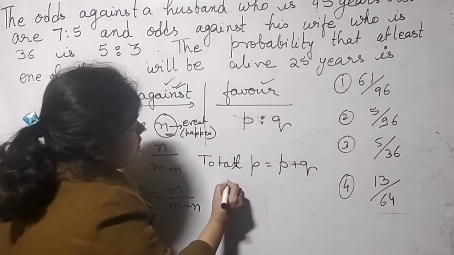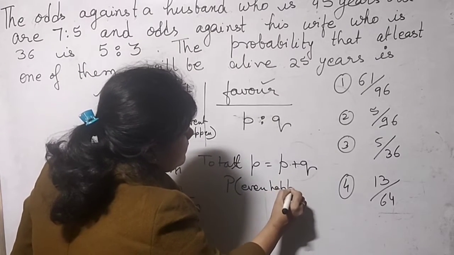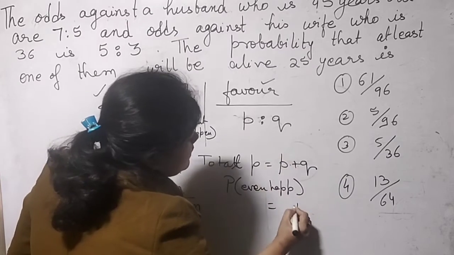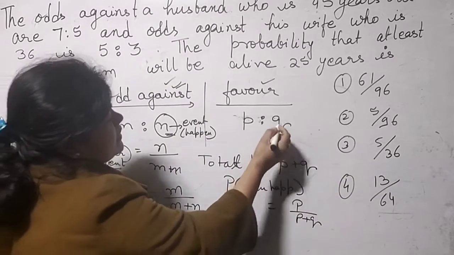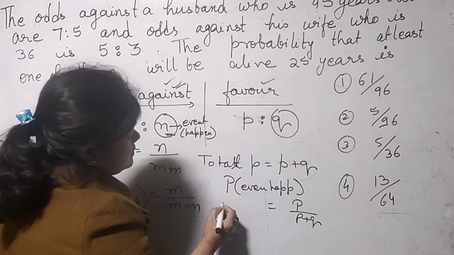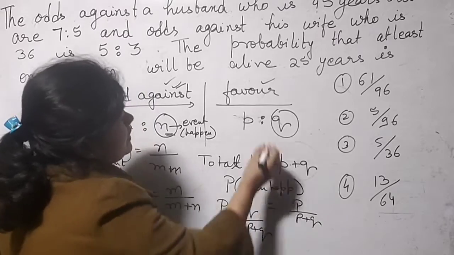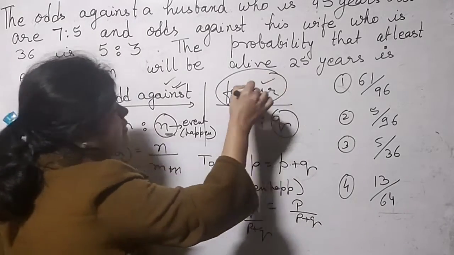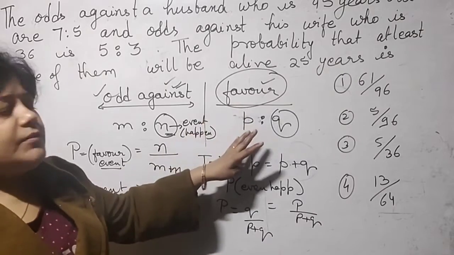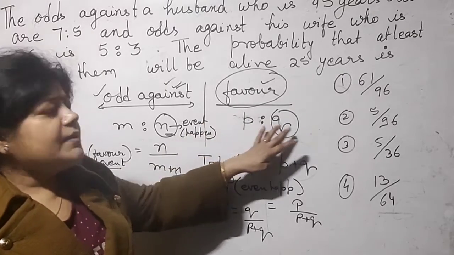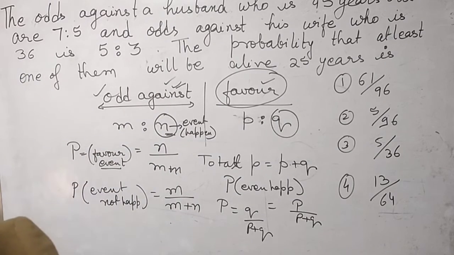For this case, the probability of the event happening, that means the event occurs, is p upon p plus q, and the event does not occur is q upon p plus q. When the ratio of favor is given, the total probability is the sum of the two given ratios. Now I am coming to our question.